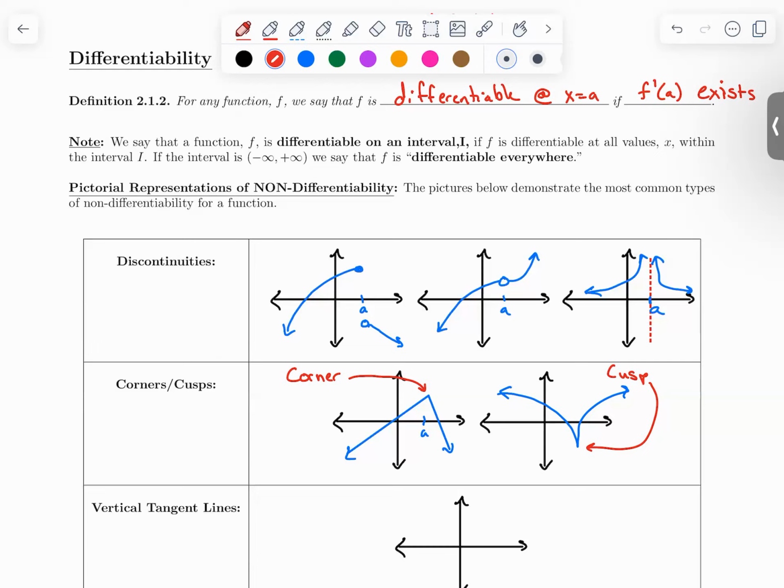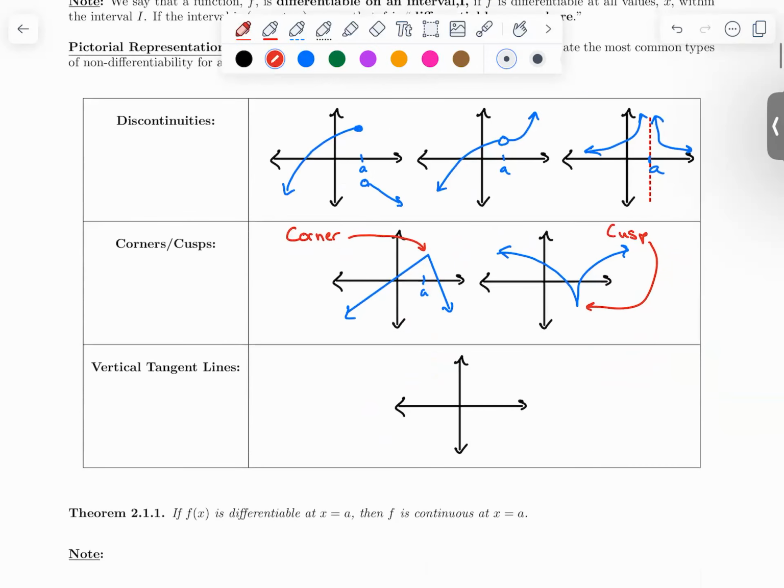And then a vertical tangent line. These are one of the hardest ones to see because it's very hard to draw. But what they end up looking like, so I'm going to draw the point here. Here is A. It almost looks like this function isn't a function because of the vertical line test.